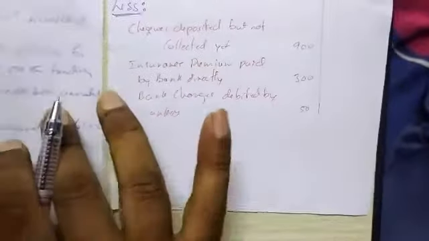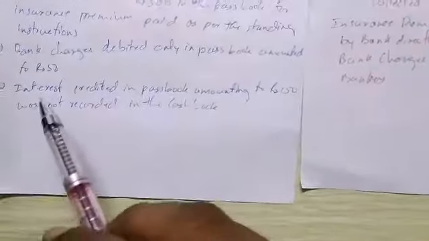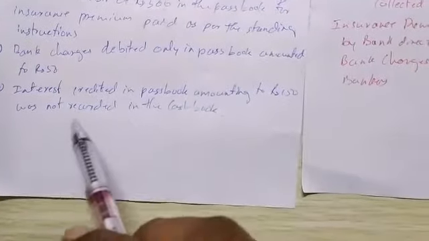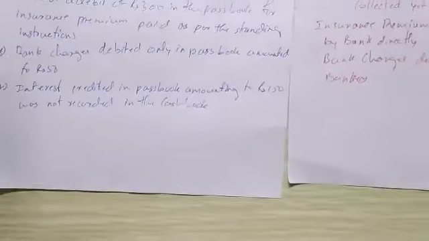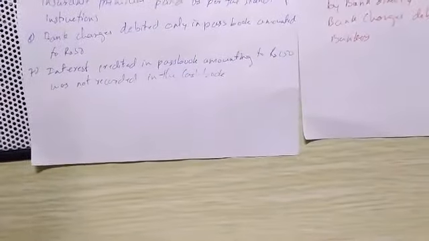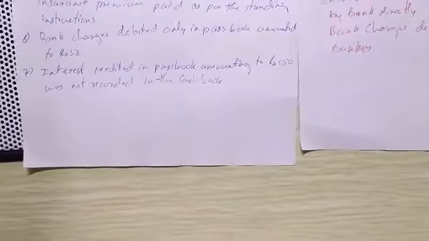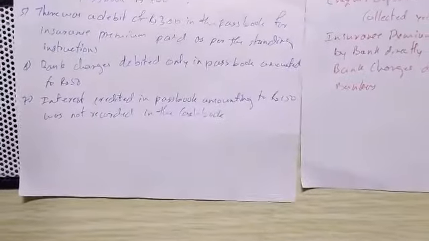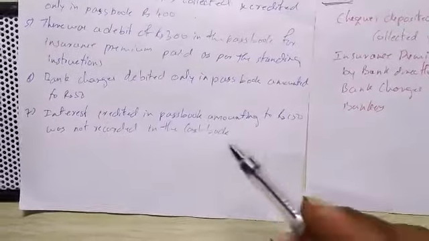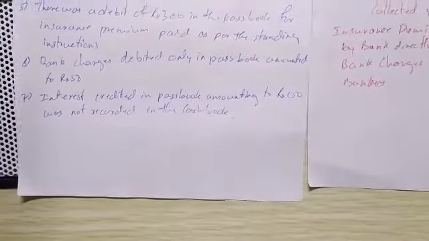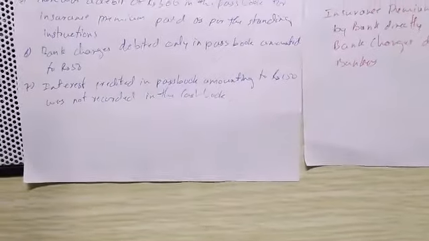Okay, and last transaction: interest credited in passbook amounting to rupees 150 was not recorded in the cash book. Again, interest on our bank balance is credited by the bankers into our account, but it has not been mentioned in our cash book. That means when interest is credited, our bank balance increases, but in our cash book the amount is showing less.